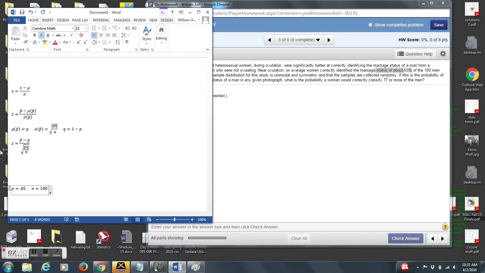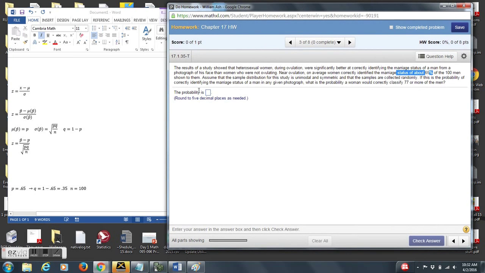With P being 0.65, Q is 1 minus 0.65, which is 0.35. Basically, P is the probability of success and Q is the probability of failure. So you have a 65% chance of guessing right, and a 35% chance of guessing wrong.